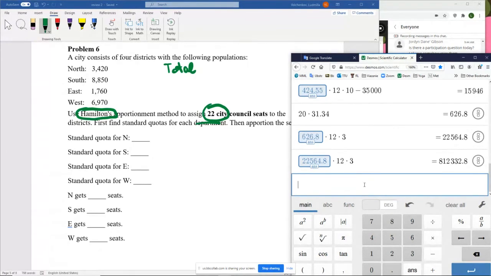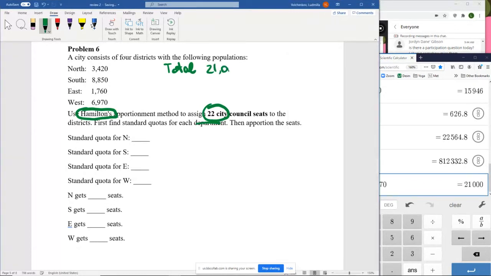So let us find the total. 3420 plus 8850 plus 1760 plus 6970. Okay, total is 21,000. Good. So we can find the standard divisor.